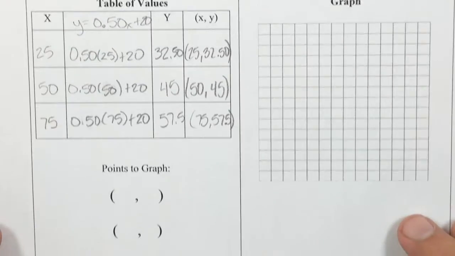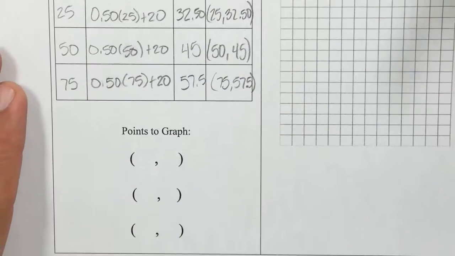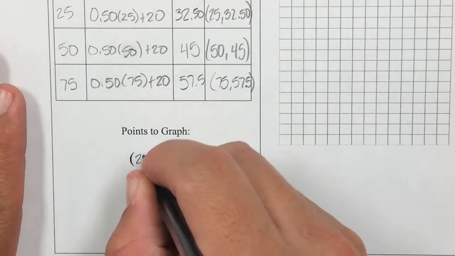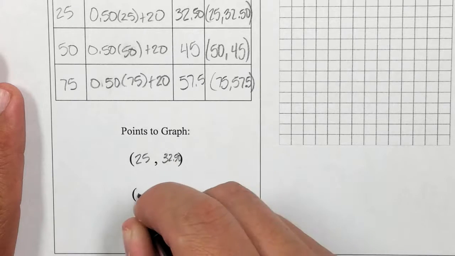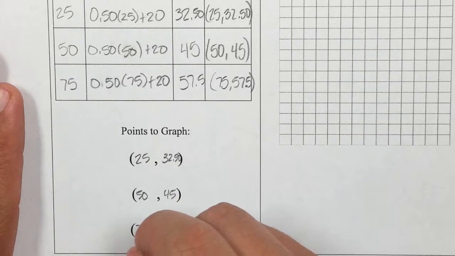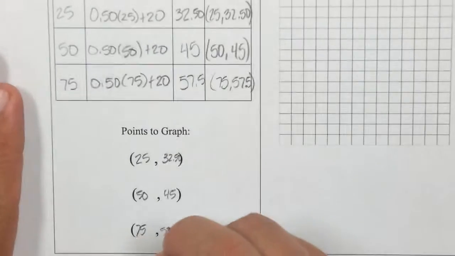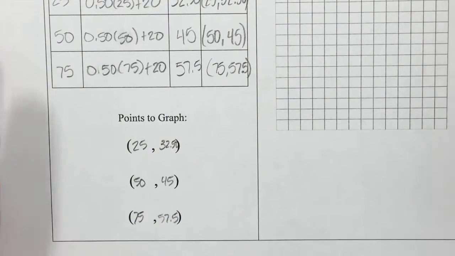Okay, so we got all these values. Again, if this was your own, you may not choose these values, and that's fine. But for this purpose, we're going to use these. So we got 25, 32.50; 50, 45; and then 75, 57.50.